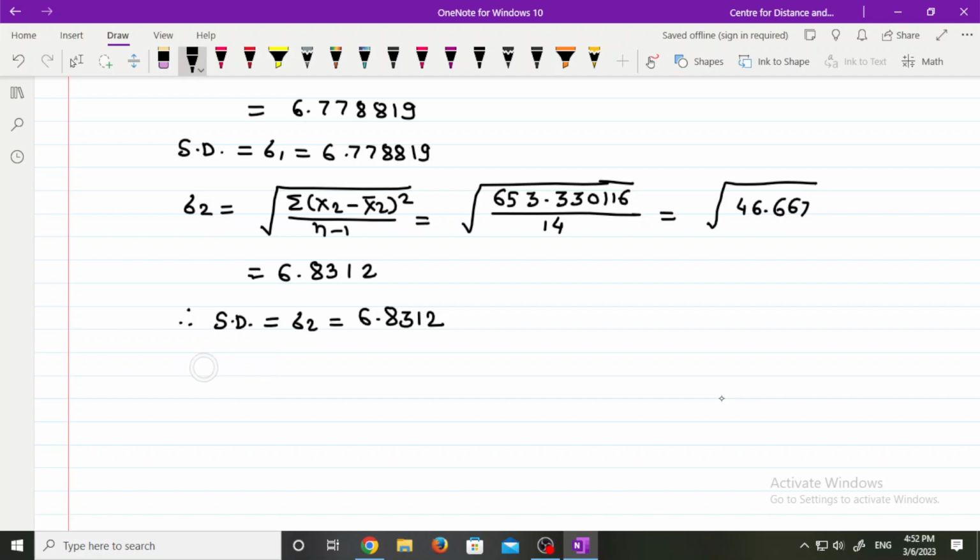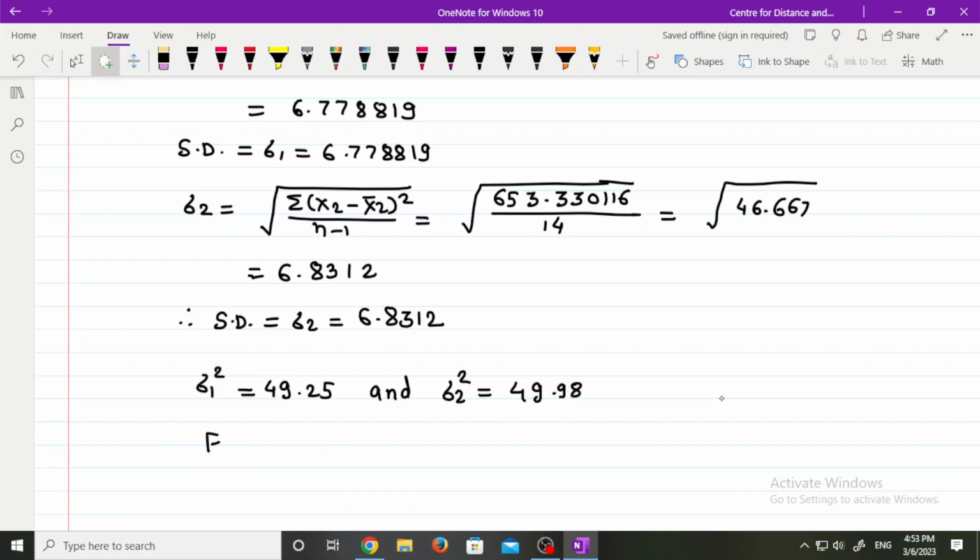Then sigma 1 square and sigma 2 square. Sigma 1 square, that is 6.778819 squared, is 49.25, and sigma 2 square is 49.98.